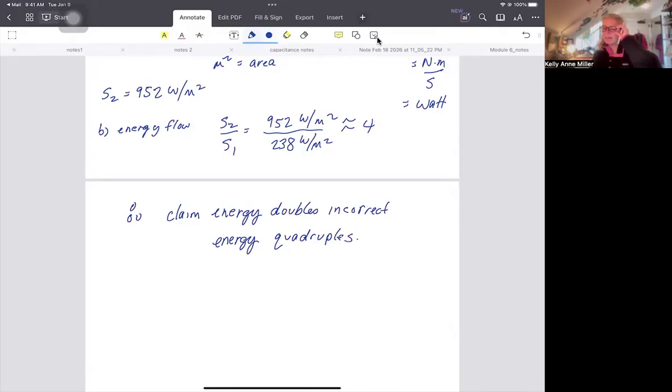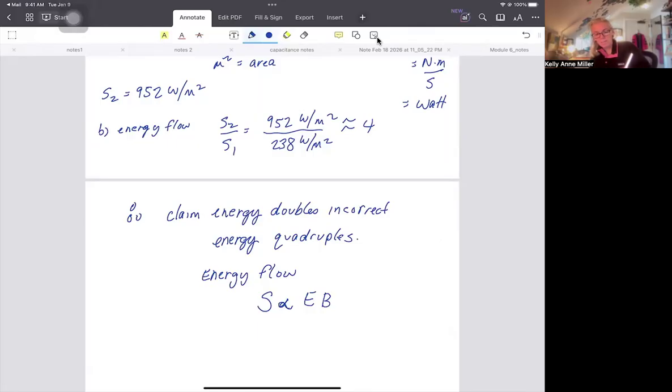This is an important realization, because energy flow, defined by the Poynting vector S, is proportional to the electric field times the magnetic field.